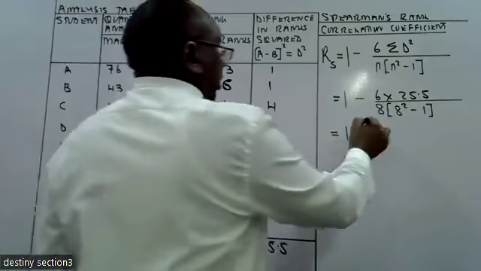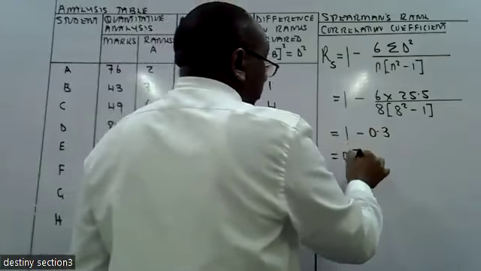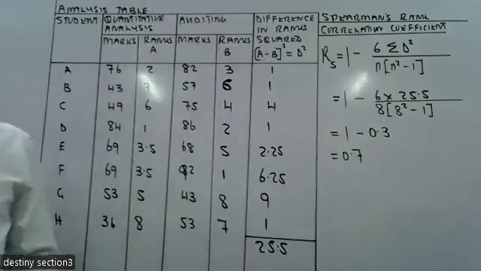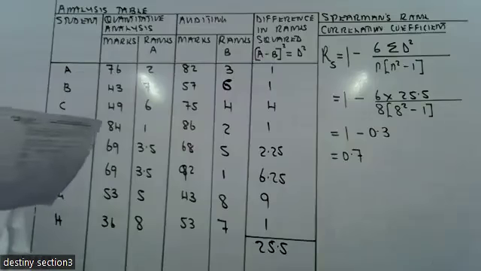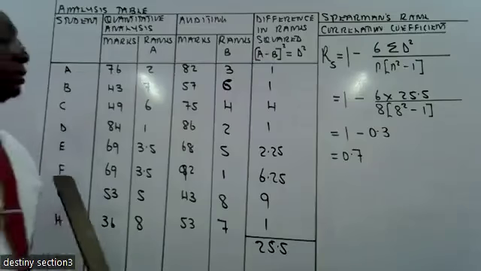Point 3. You agree with that? So it is 0.7. So the question I asked, compute the Spearman's rank correlation coefficient and interpret the results.